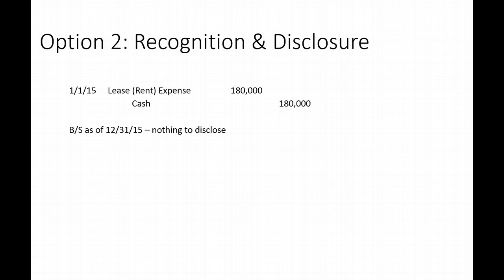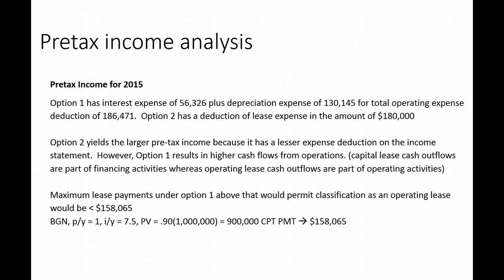So what that question has to do with is what expenses are recognized, or what's the difference in the expenses that are recognized between the two options. Once again, hit pause and see if you can determine which option is going to result in a higher pre-tax income. Okay, so hopefully you have figured out which option is going to result in a higher pre-tax income. Let's see what you came up with.